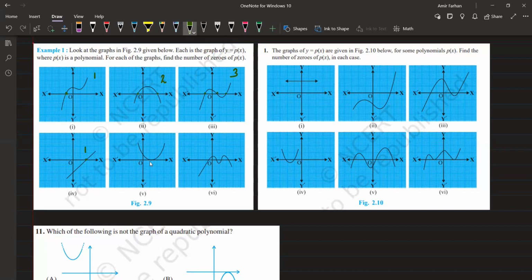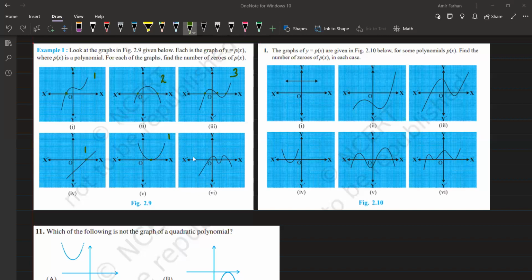You said 0. Okay, chalo, theek. So basically, an intersection point means whether it is touching or cutting, it will be considered a zero because it is touching the x-axis. So it will be 1. Very good, Gianna, you got the correct one, dear.